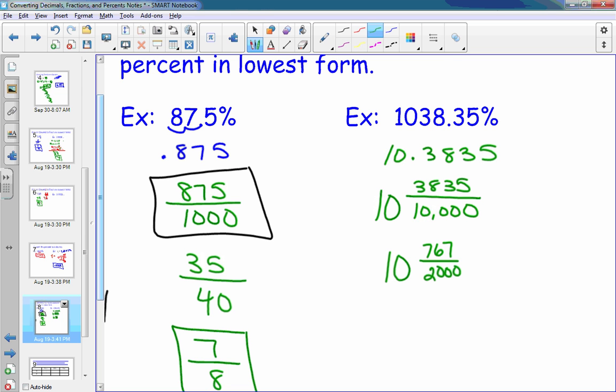Am I done? Why am I not done? Because what type of a number is this? Mixed number. What do I want? Lowest form, which is an improper fraction. So how do I get an improper fraction? Ten times 2,000.